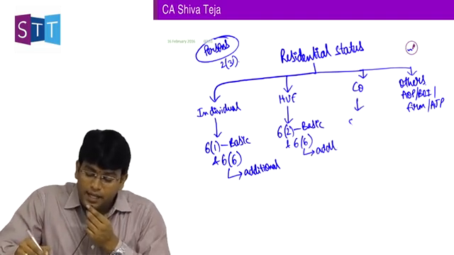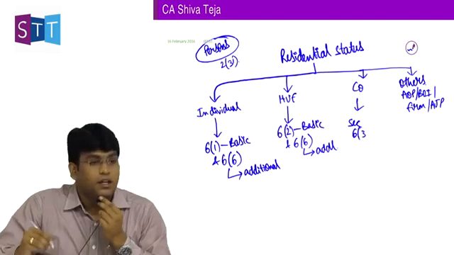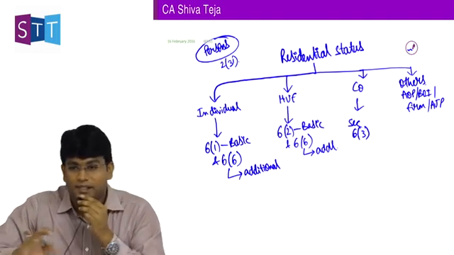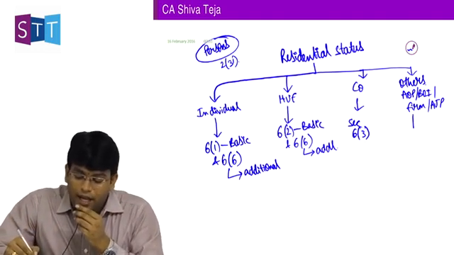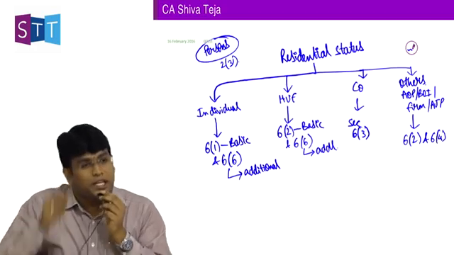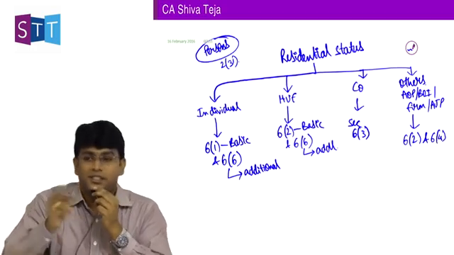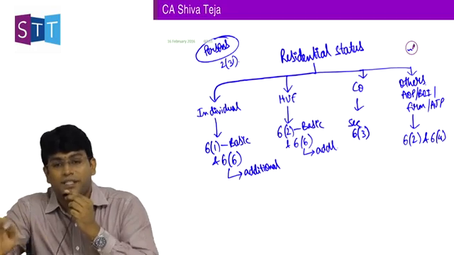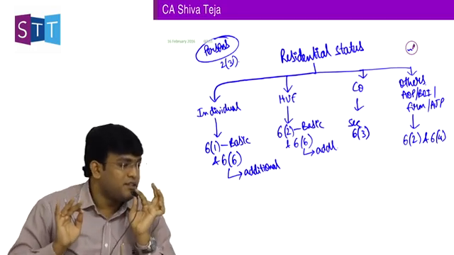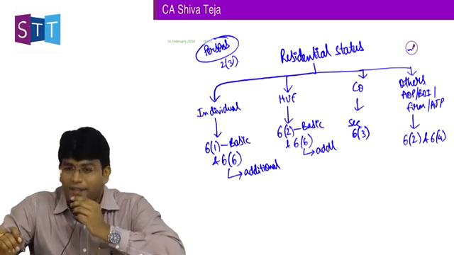Company is governed by section 6(3), and there's nothing called basic and additional. AOP, BOI, firm is governed by 6(2) and 6(4), and both together are only basic. We have only basic conditions. Are we getting this, friends?